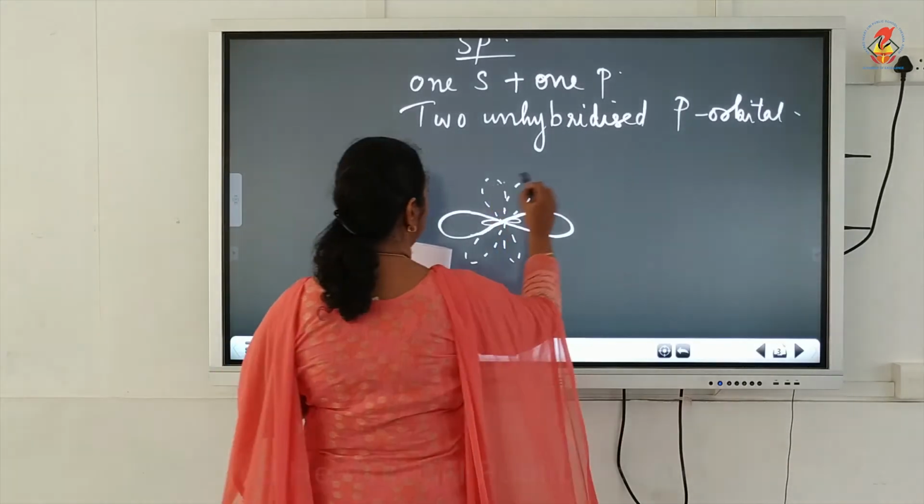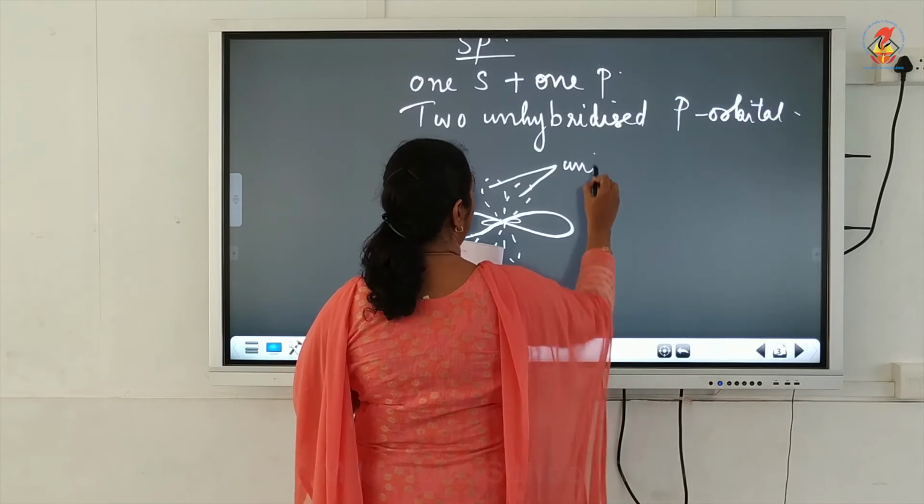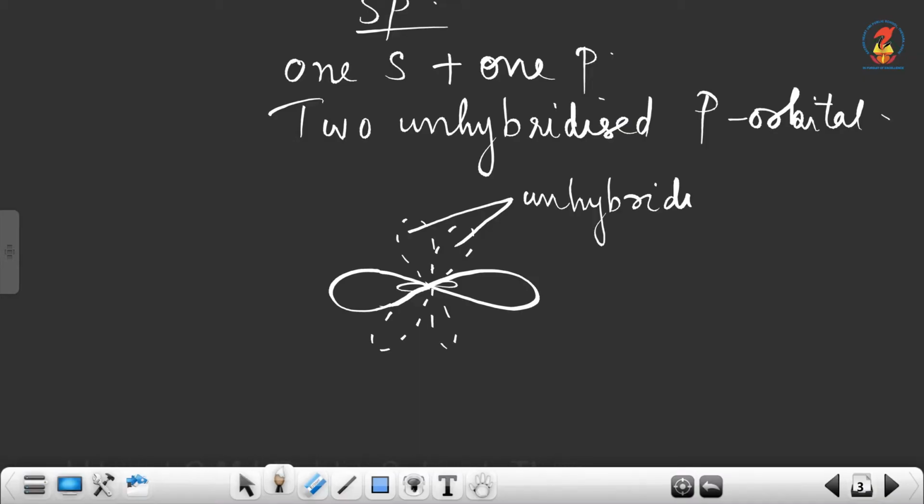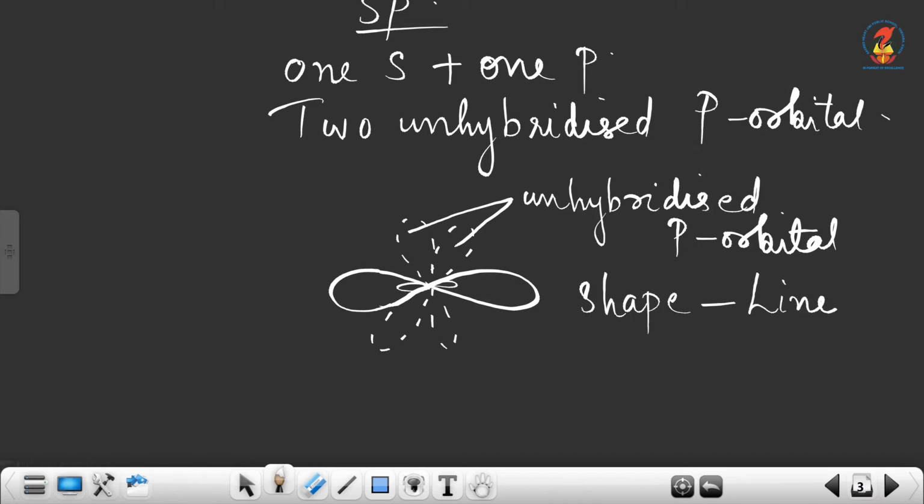So these two are the unhybridized p orbitals. And what's the shape of this sp hybrid orbital? Linear, and the bond angle 180 degree.